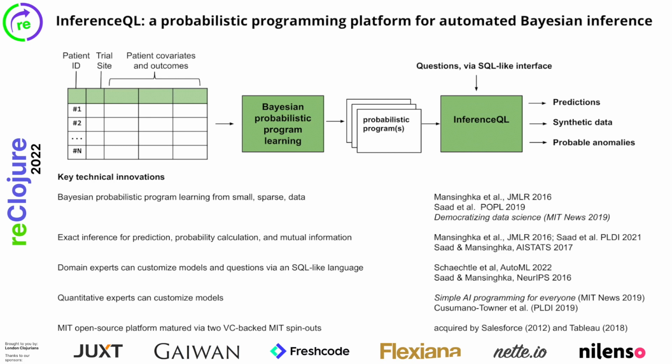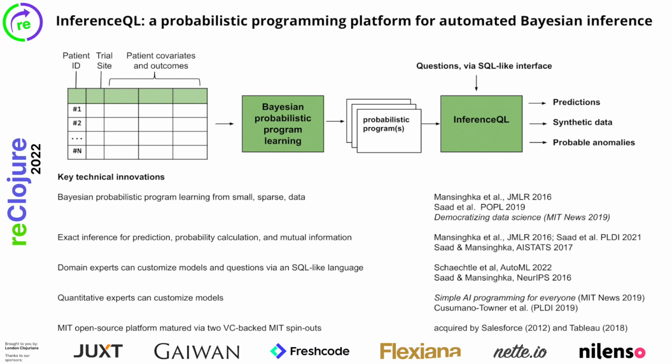InferenceQL is the basis of over a decade of research on probabilistic programming and automated Bayesian inference at MIT. That's also been the basis of two successful venture-backed startups that became part of Salesforce and Tableau, respectively.